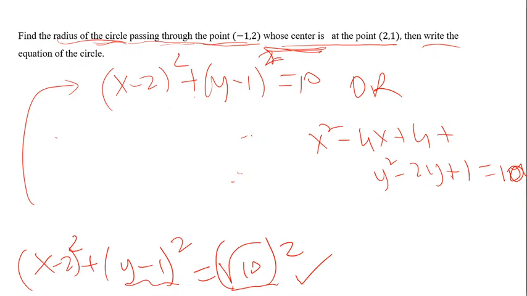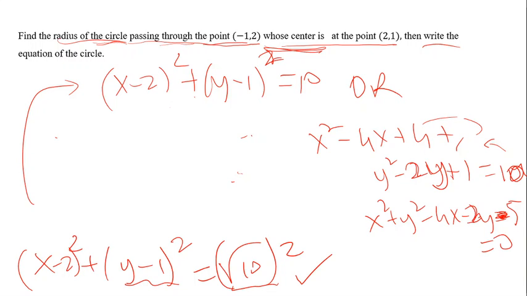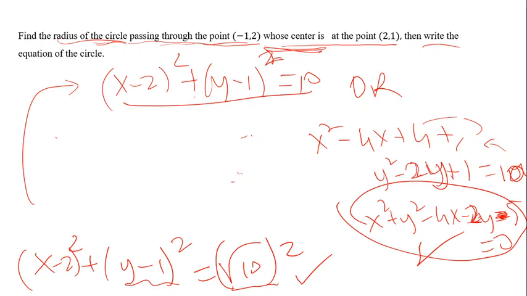Then you can do some more arrangements here. X squared plus y squared minus 4x minus 2y, the 1 and 4 go to the other side, or 10 comes to this side, equals minus 5 equal to 0. Anyway, this is also fine.